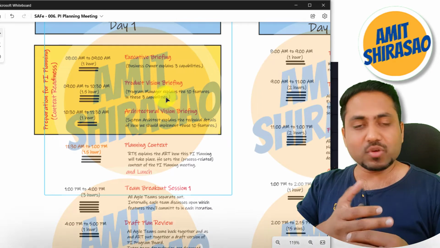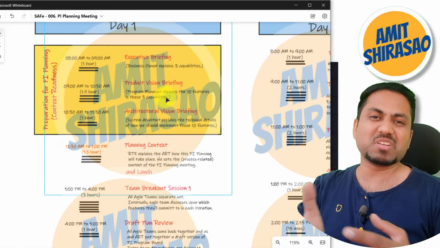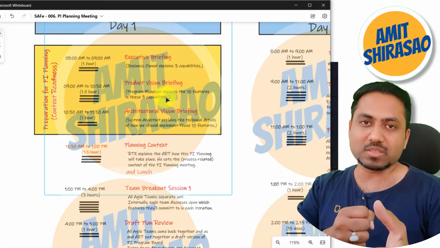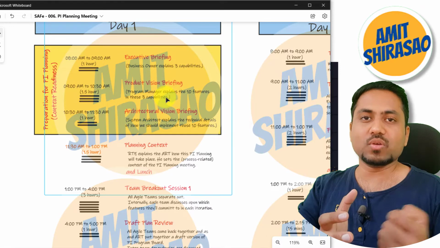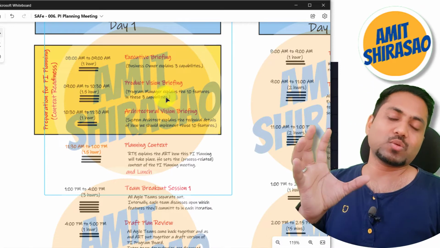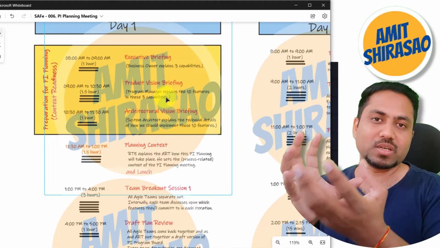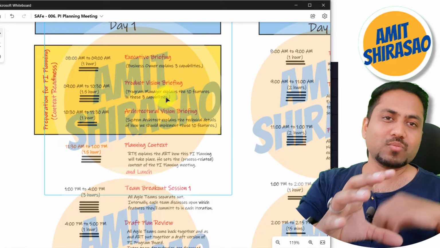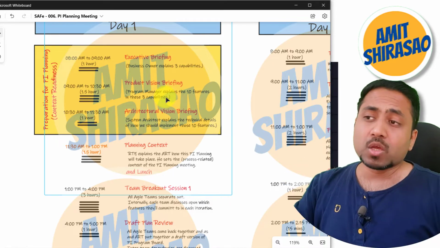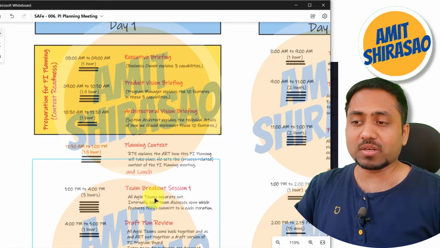So if your team is picking up around 2 features, those 2 features could have, let us say, 15 stories in them. How will you deliver those 15 stories? The first 3 stories you will deliver in the first iteration, the second 4 stories in iteration 2, then let us say 3 more, then 4 more, something like that. If you do something like that, that is called your team breakout session.